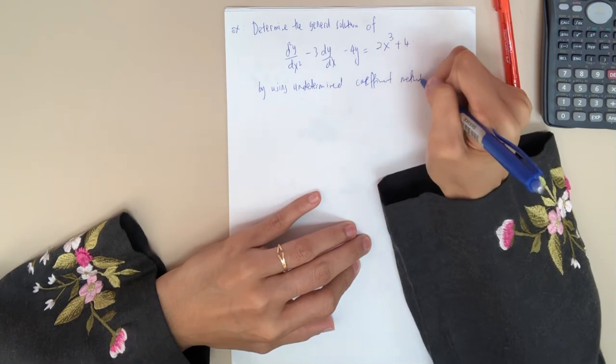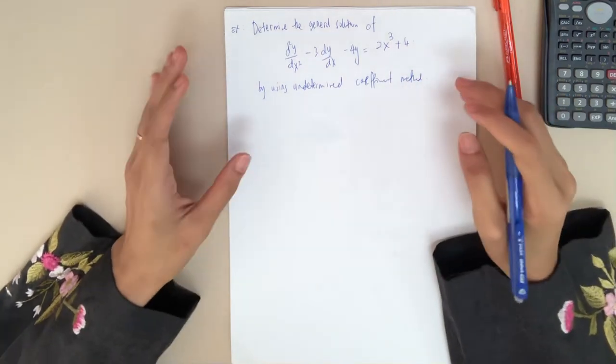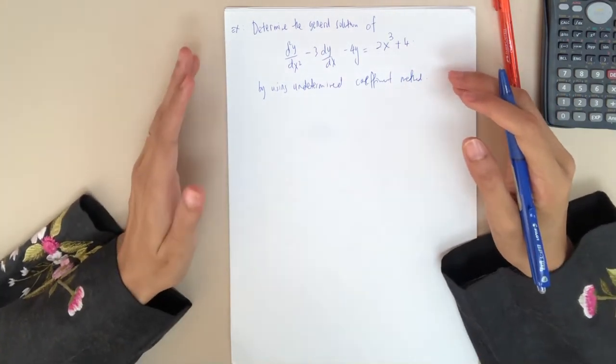Okay, so it's clear, it's stated already, it wants us to use the undetermined coefficient method.